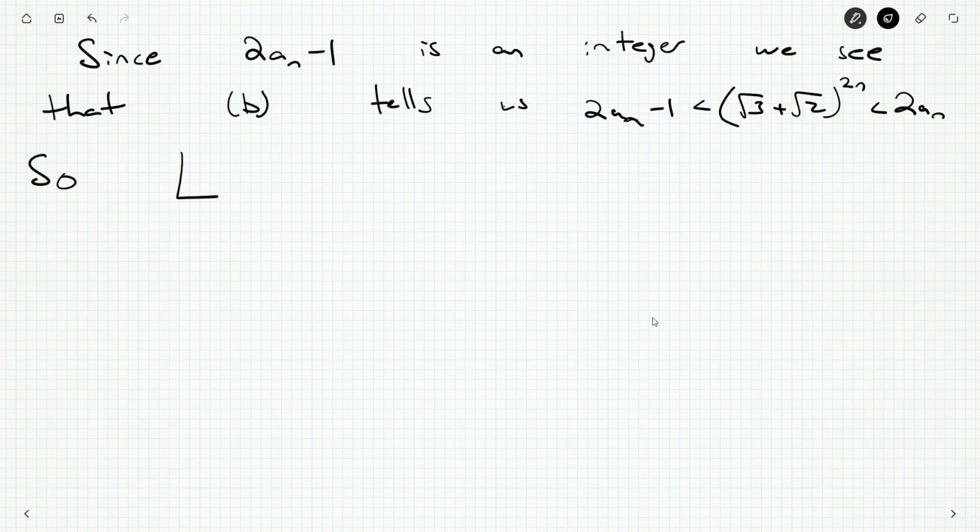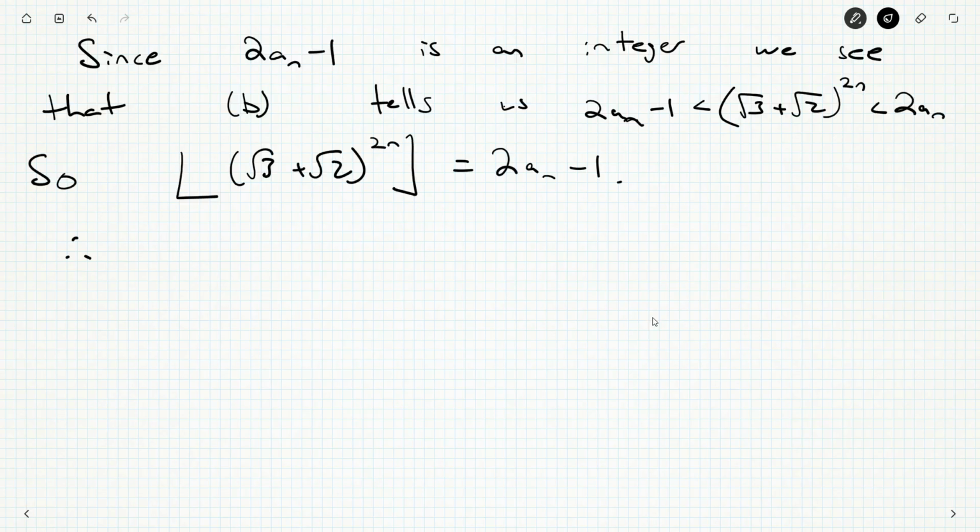So the floor function, this is just the greatest integer less than or equal to, is 2an minus 1. That's the biggest integer that is less than or equal to (root 3 plus root 2) to the 2n.